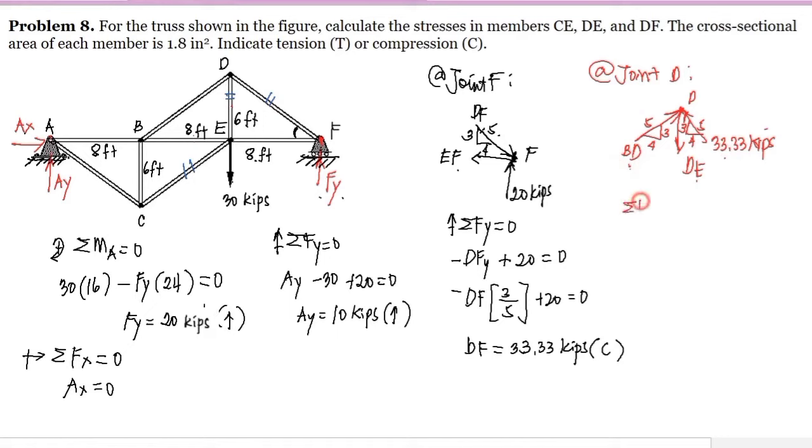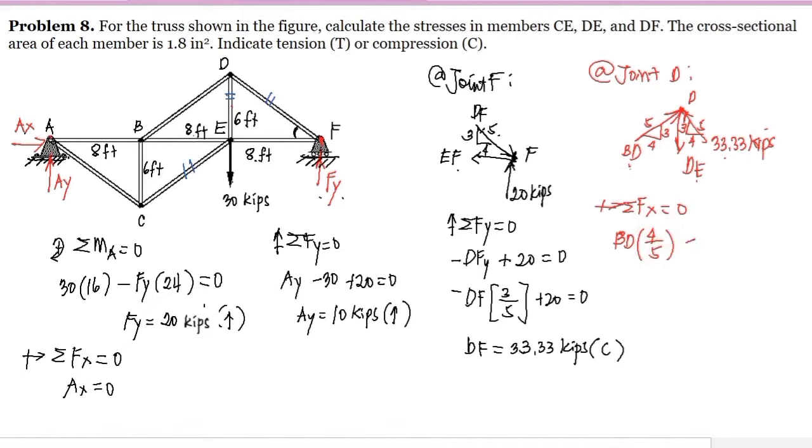So first thing is summation of forces horizontal is equal to 0, taking the direction to the right as positive. So we have here BD multiplied by the X component. So yung X component niya, yung 4, and the diagonal 5.